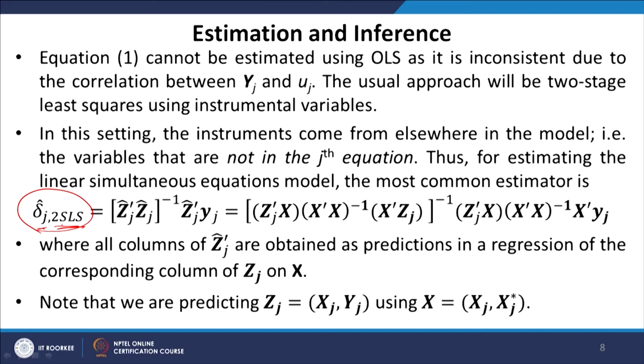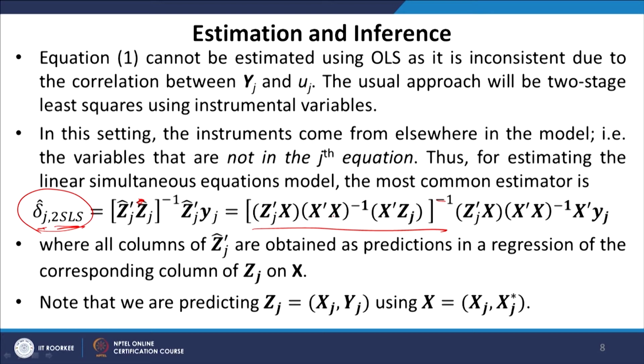What we obtain is (zj hat prime zj hat) whole inverse, this is actually (zj hat prime zj) whole inverse zj hat prime yj. Now when I expand it, the whole inverse thing is basically (zj prime x (x prime x) inverse x prime zj).